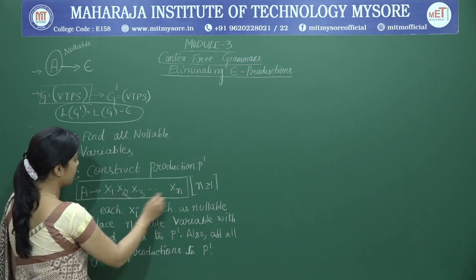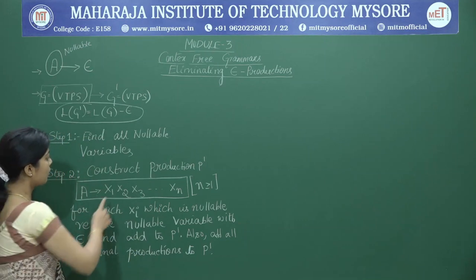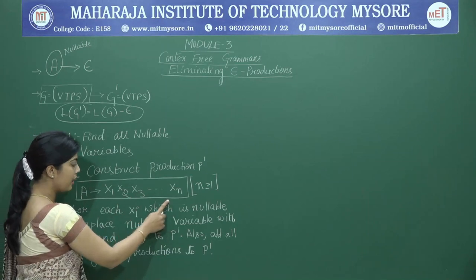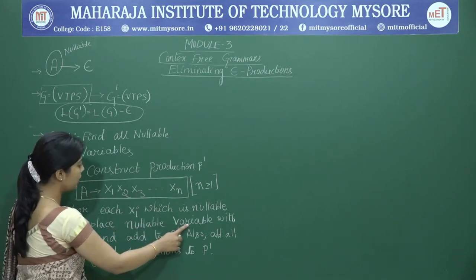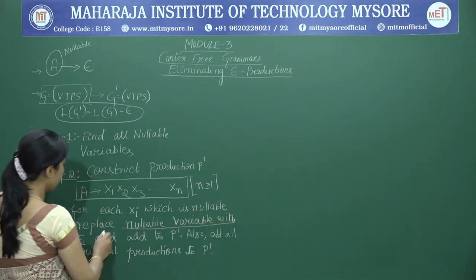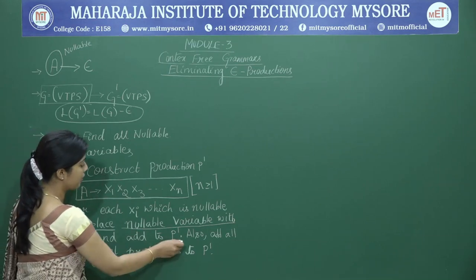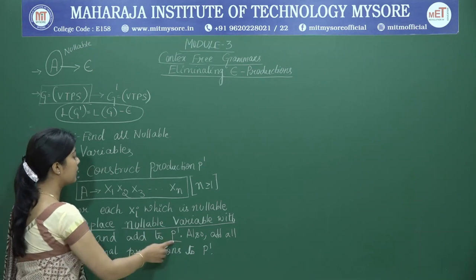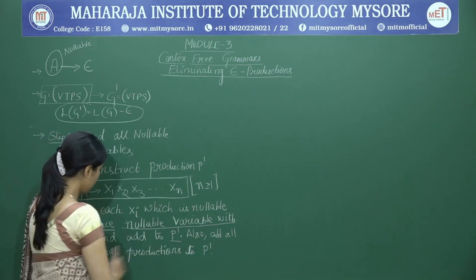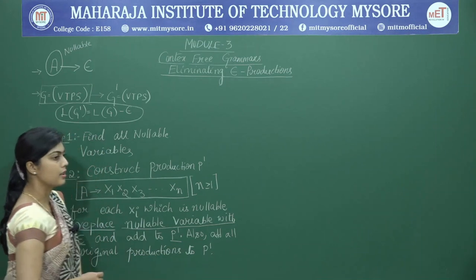These are anything that is allowed on the RHS of a context free grammar. In these symbols we are going to identify all the nullable variables and substitute each of the nullable variables with epsilon. The resultant production is added to P dash. Also, we will preserve all the original productions and add them to P dash. So, this is the procedure.